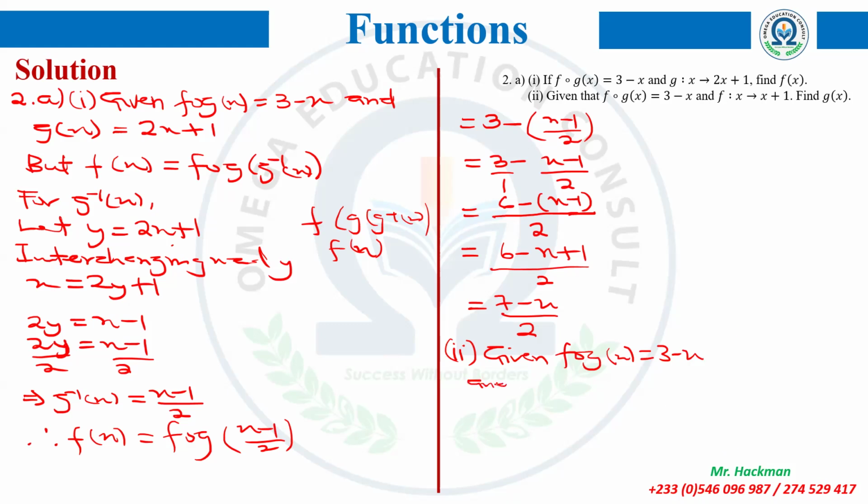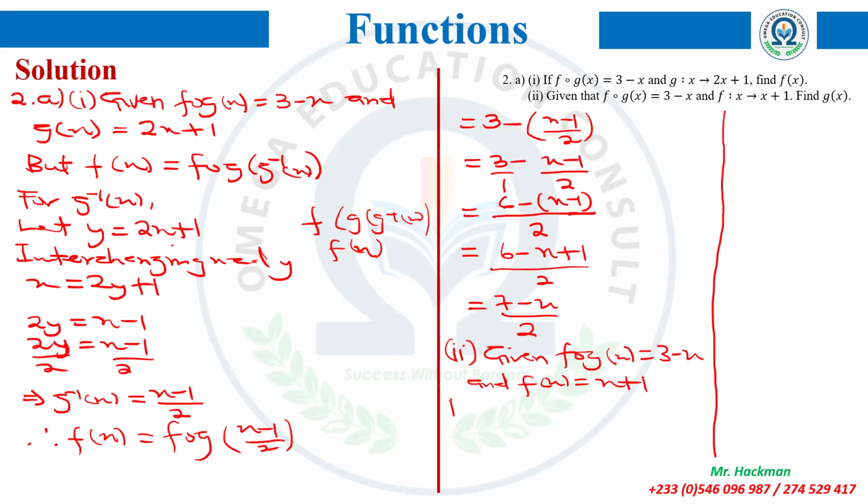And what am I given as well? f of x is equal to x plus 1. So let's see what we are going to get. So in this case, f of g. Do I have f that I can feed with g? Yes, please. So this one will allow the direct substitution.